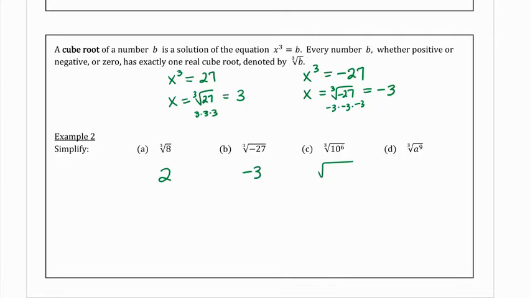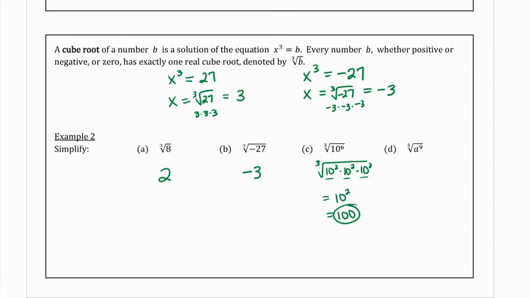So I could rewrite this as the cube root of 10 squared times 10 squared times 10 squared, right? Because 2 plus 2 plus 2 would get me back to that 10 to the 6th. So since now I have 3 of those, that means the cube root of 10 to the 6th would just be 10 squared, which is 100.